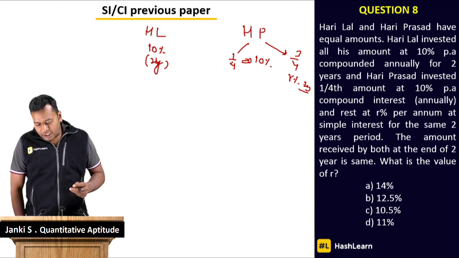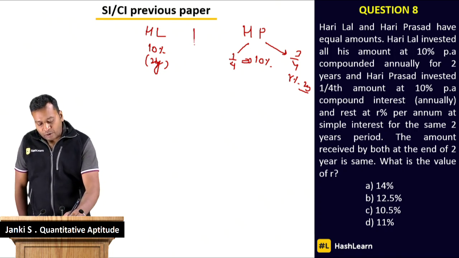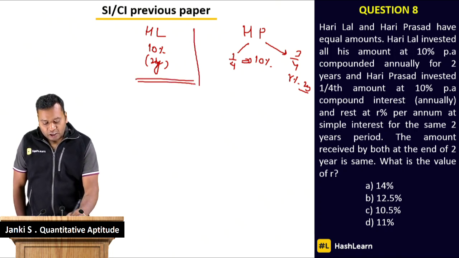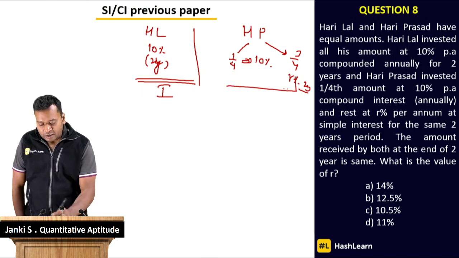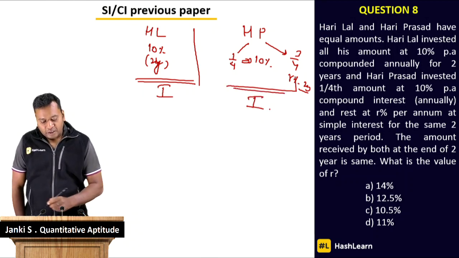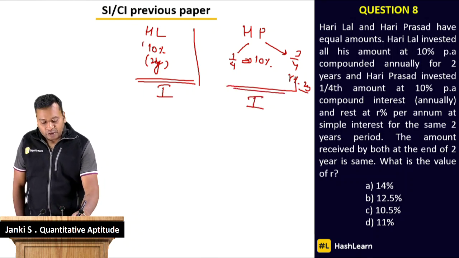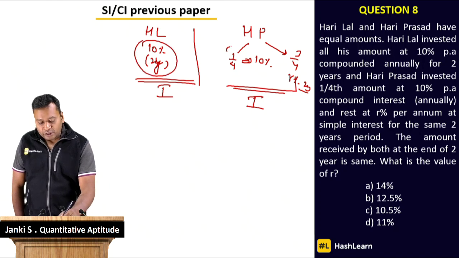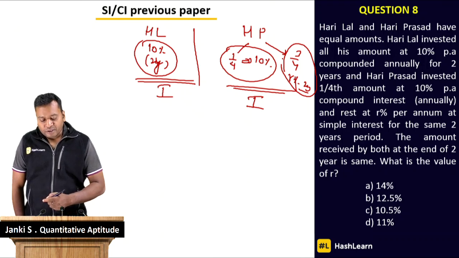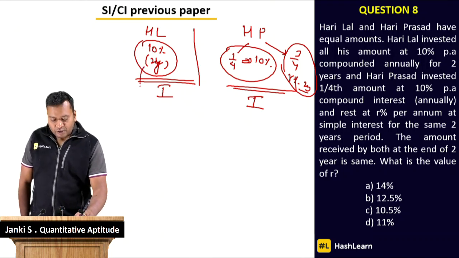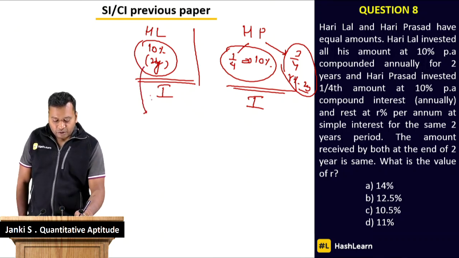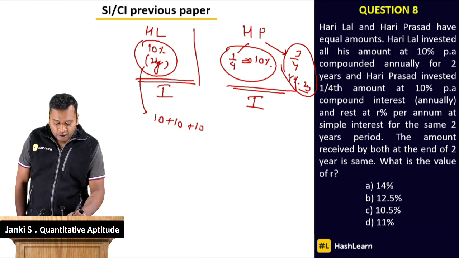Now here, if the amount received is the same and they have equal amounts, that means the interest on this part will be the same as the interest on this part, right? So 10% in 2 years will be equal to 10% at this part, and the remaining will have the same. So if 10% is for 2 years, that means 10 plus 10 plus 10 into 10 by 100, right?